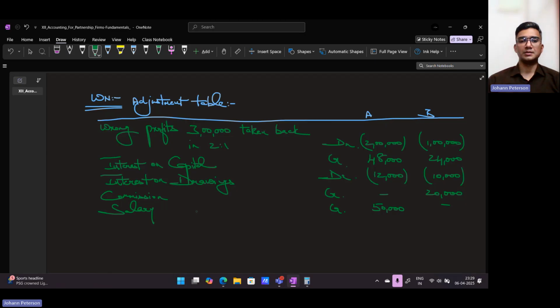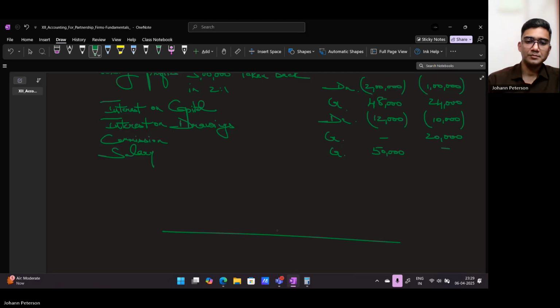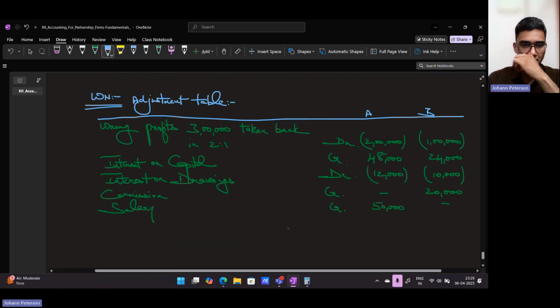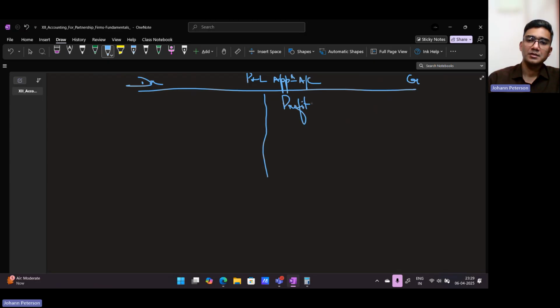Okay, so these are our appropriations. Now, let's make that account in order to calculate our correct profit, our correct divisible profits. So P&L appropriation. Our total profit was 3 lakh. So here we are going to write profit 3 lakh.